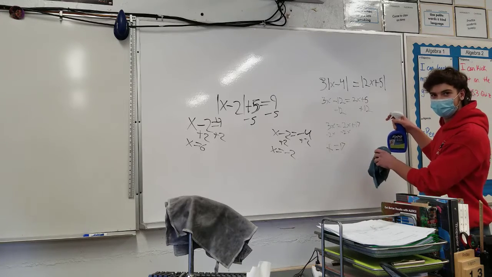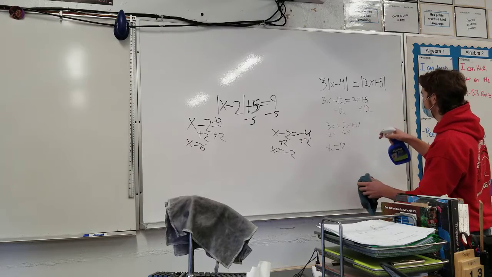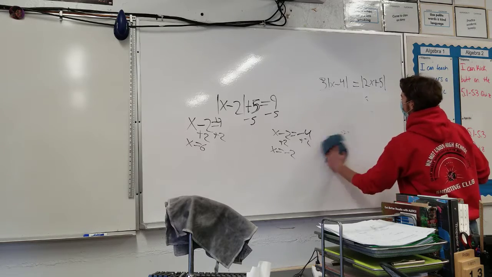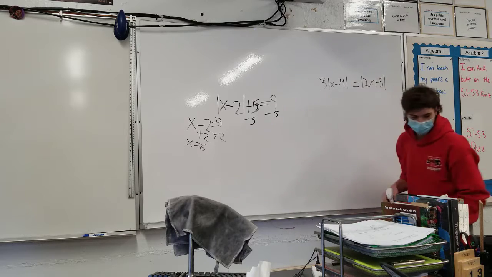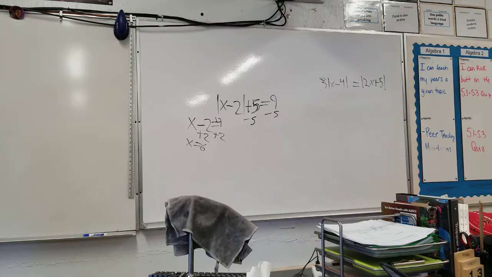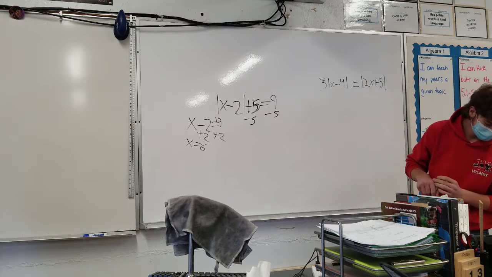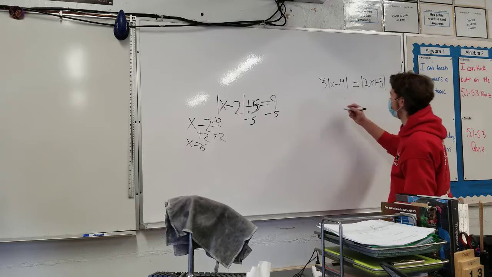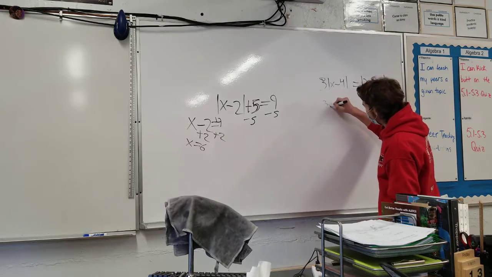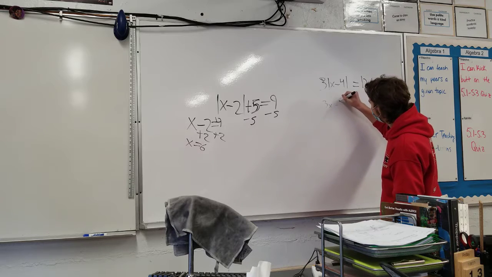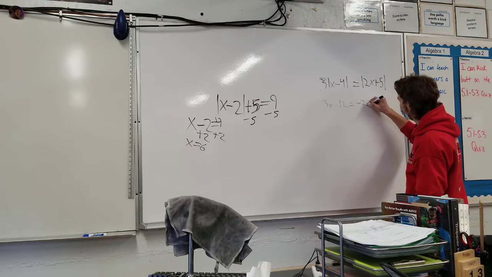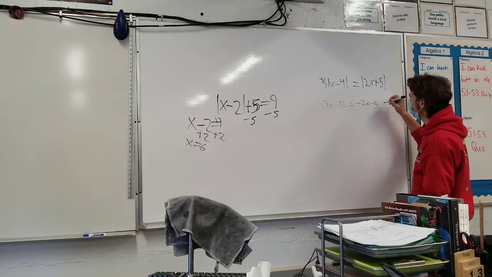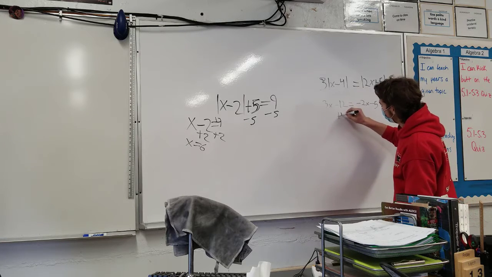Now for the other one, I do 3x minus 12 equals negative 2x minus 5. Add 12 on both sides.